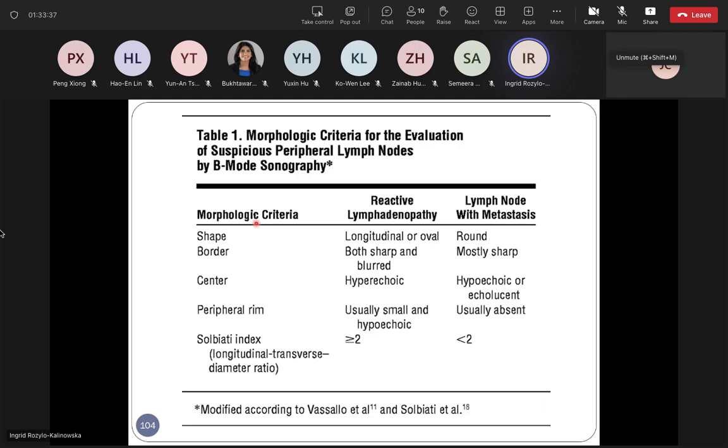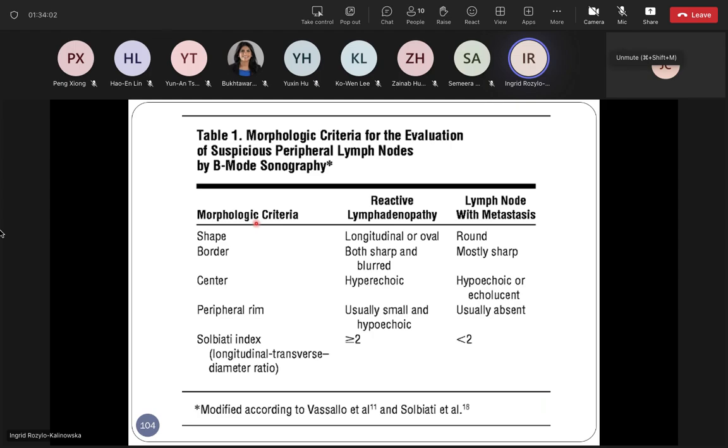But lymph nodes that are roundish, not fusiform, where the Salviati index is below 2, are more suspected of spread of metastasis.